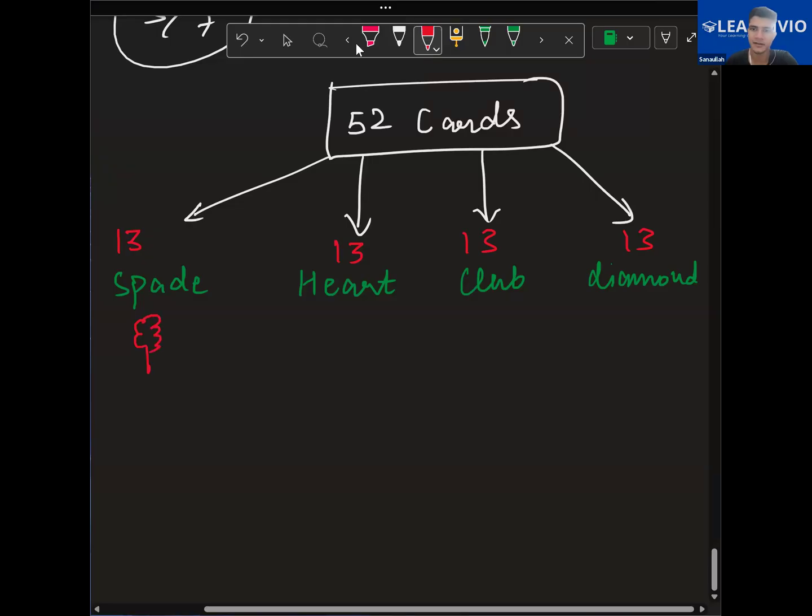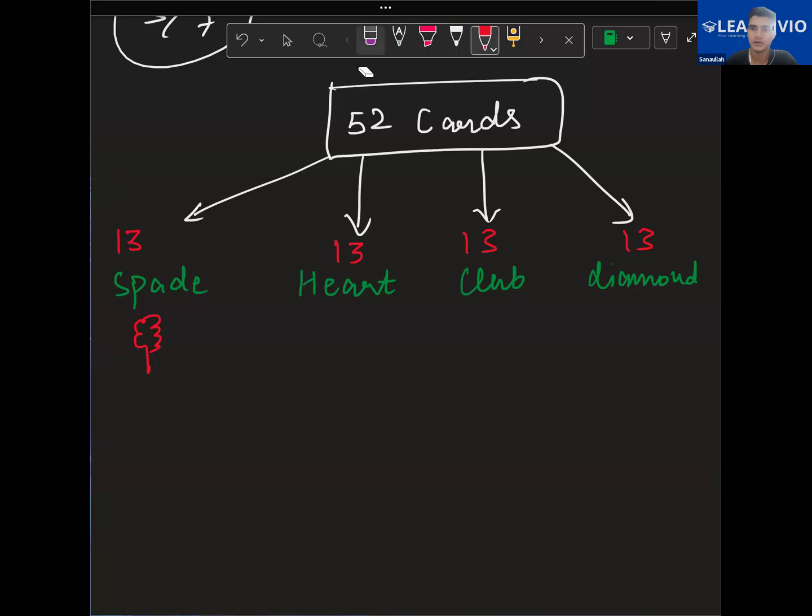This is not drawn very accurately, but it is something like this. Okay, this is spade. This is diamond. This is club, and this is the heart.